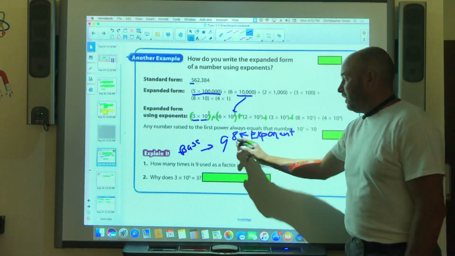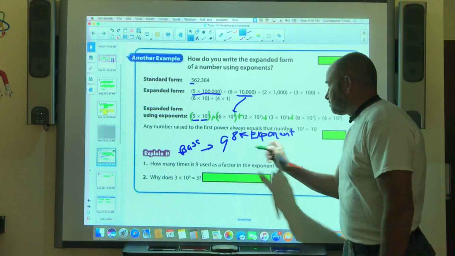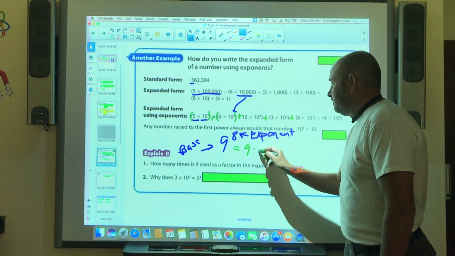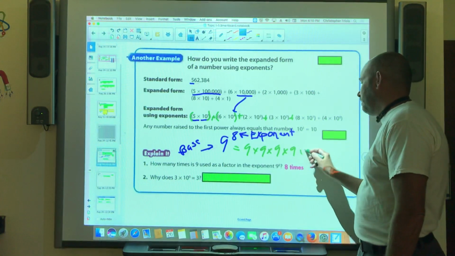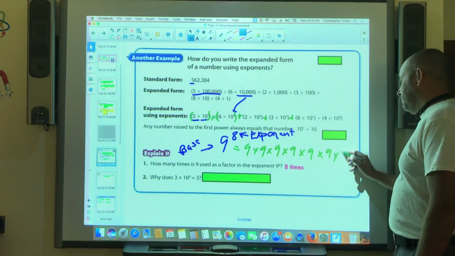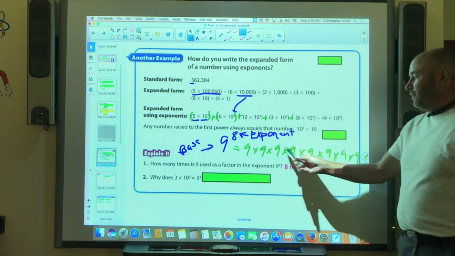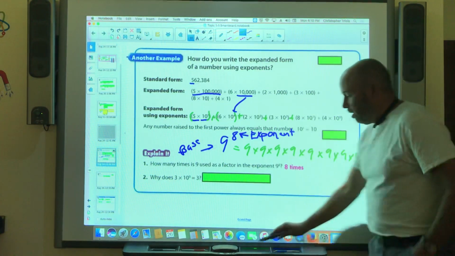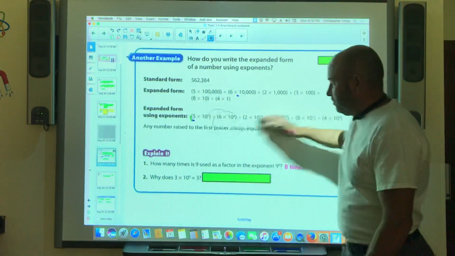In other words, 9 to the 8th power is going to be 9 times 9 times 9 times 9 times 9. Oh my goodness. 1, 2, 3, 4, 5, 6, 7, 8. Woo! That's a lot.